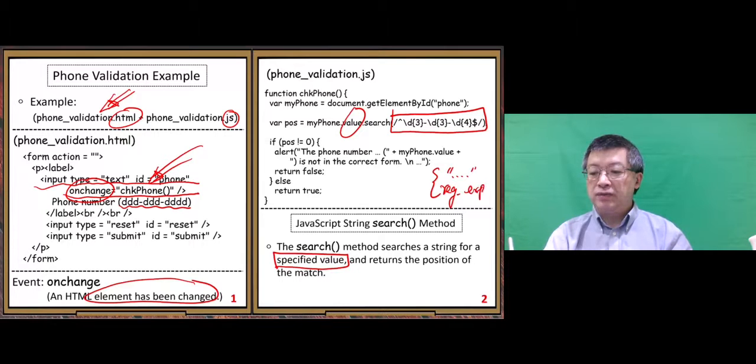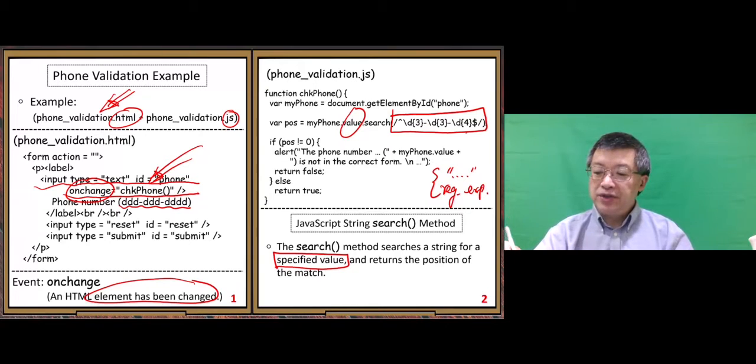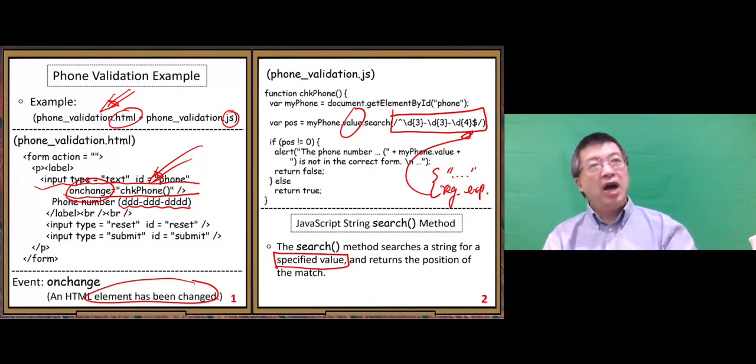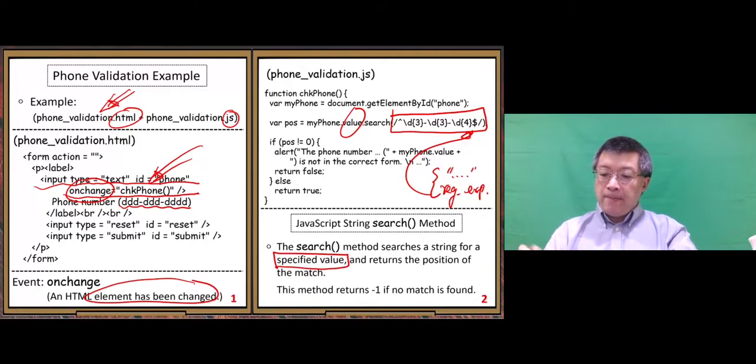In this example, we use the second case, although many times people just use the first case. The first case is very straightforward, so we do not need to learn any rules. We just use it. If there is no match, it returns -1.